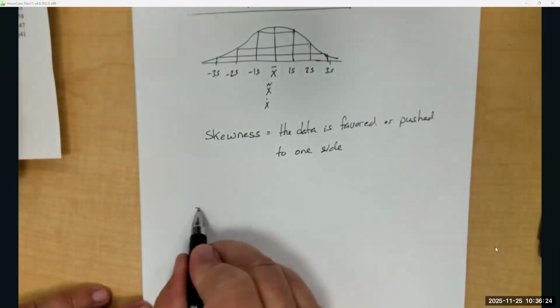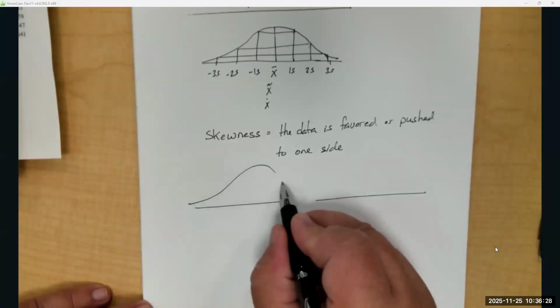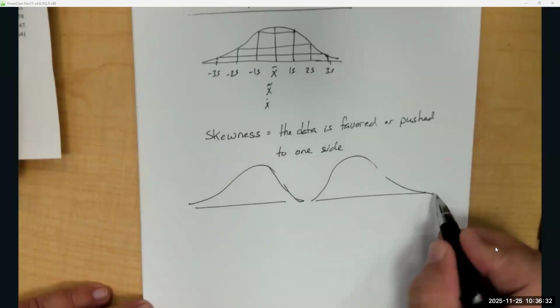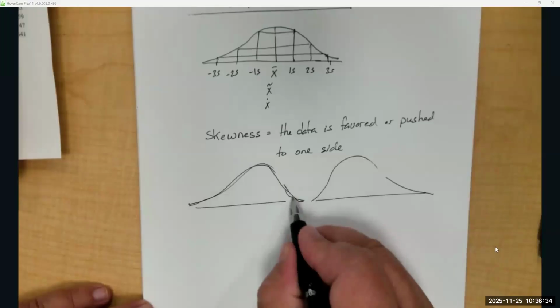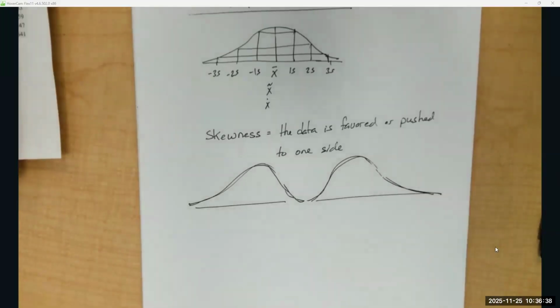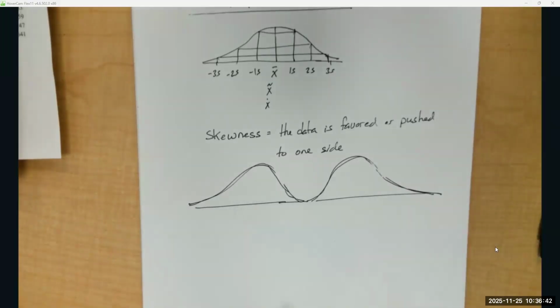So now when that happens, we have two possibilities. So in this first one, which way is it skewed? Is it positive or negative skewed?